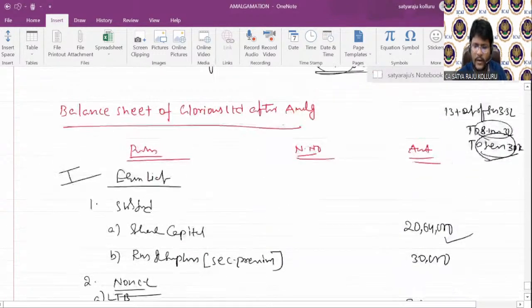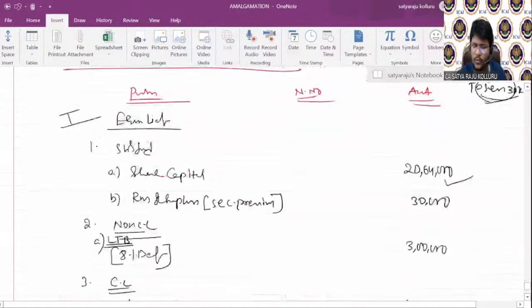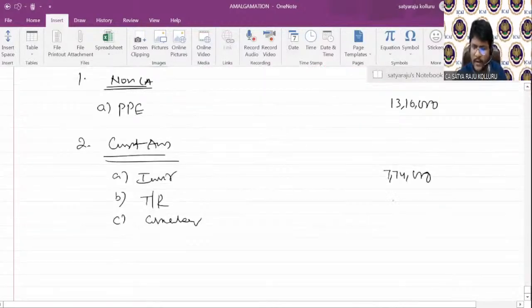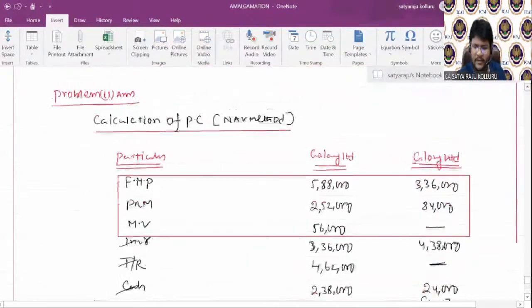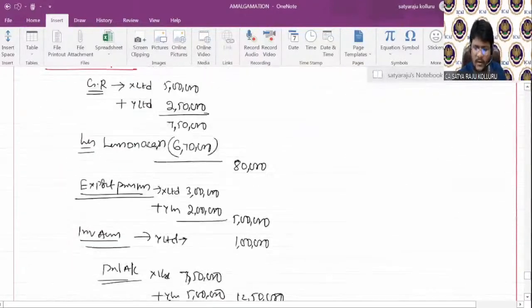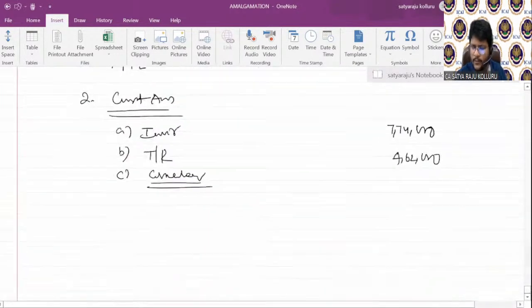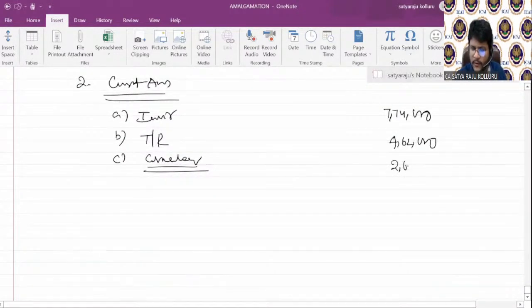Trade receivables total is how much? You can make it total, the trade receivable 4,62,000. What about cash and cash equivalents, guys? 2,38,000 plus 24,000 is 2,62,000.